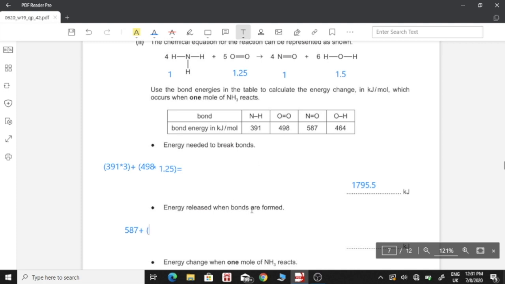So first we're going to have to multiply 2 with the energy of a single bond, which is 464, and then we multiply this whole answer with 1.5 because we have a total of 1.5 moles of water over here.